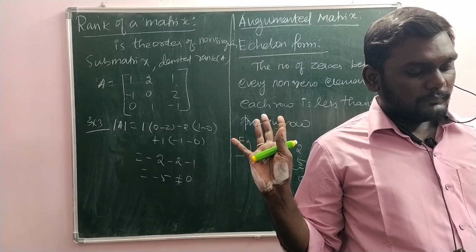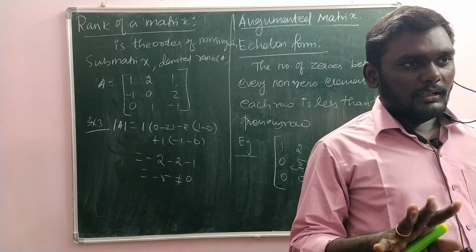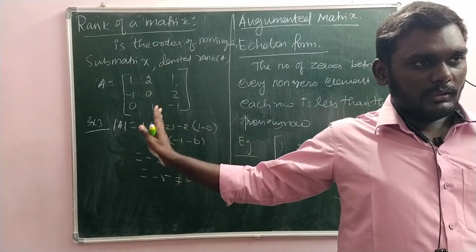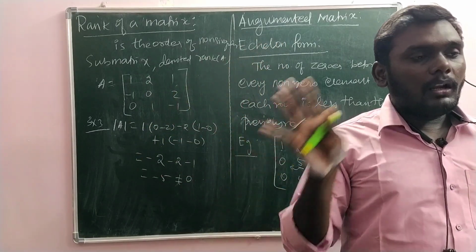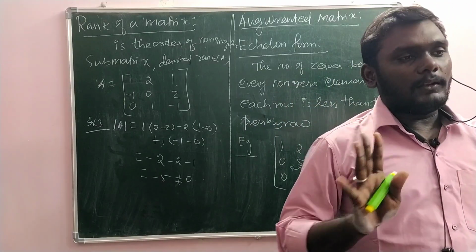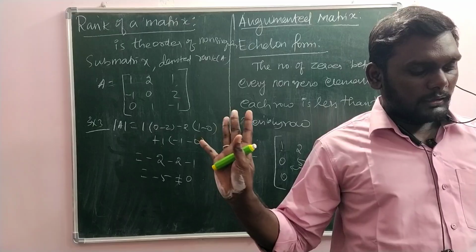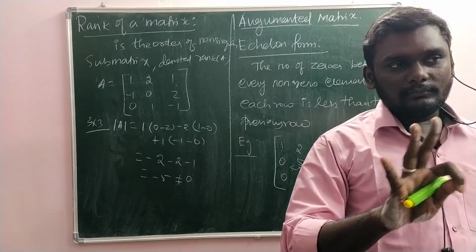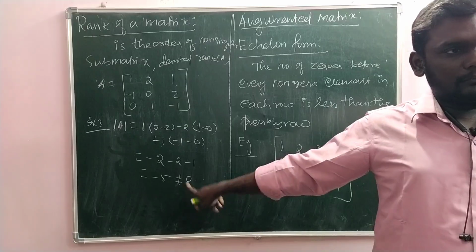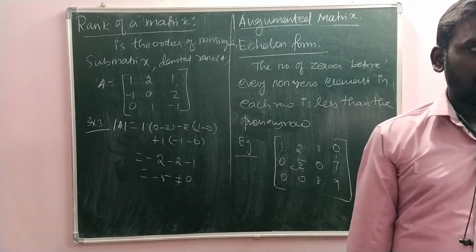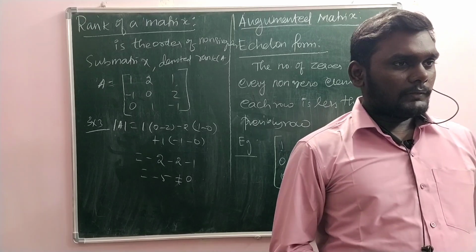The rank will be 2 if A is singular, that means the determinant of A becomes 0, and at least one of its 2 by 2 submatrices is non-singular. That point we also discussed. And the rank will be 3 if A is non-singular. Here A is non-singular, so the rank is 3. Okay. Did you get the understanding, or are you confused?